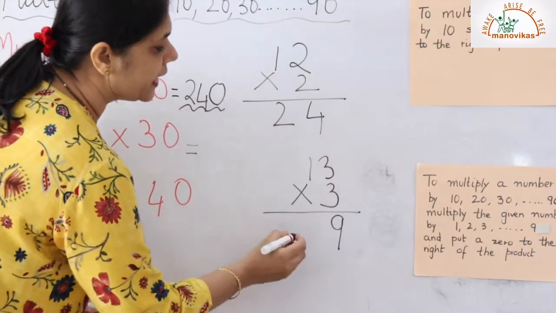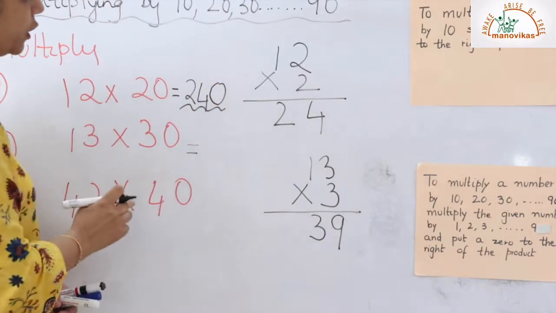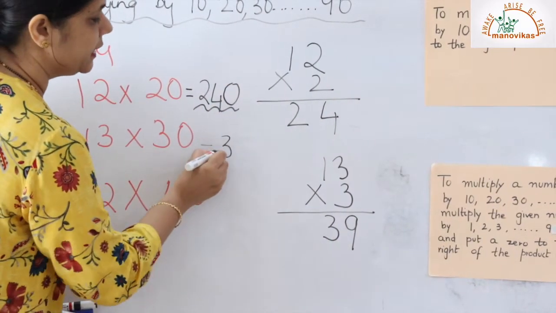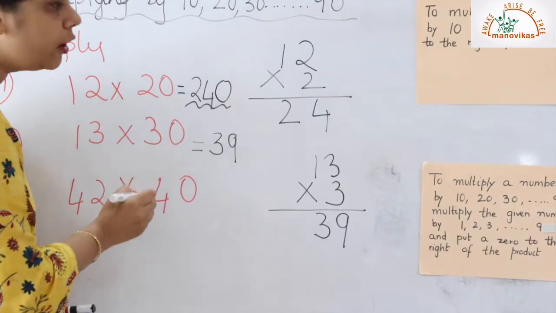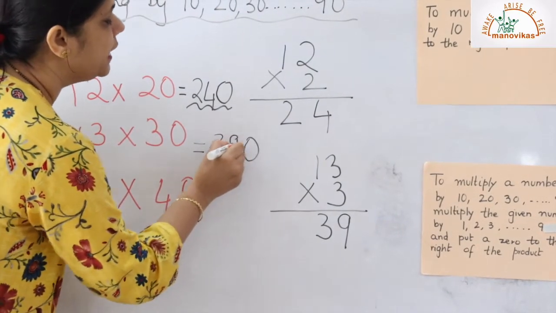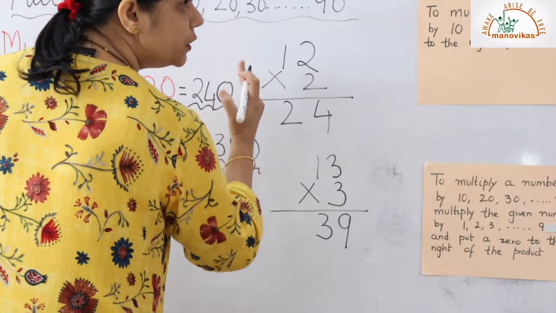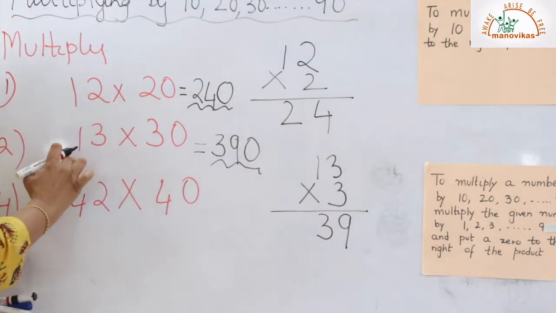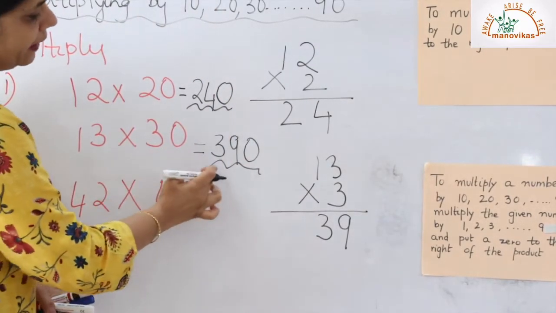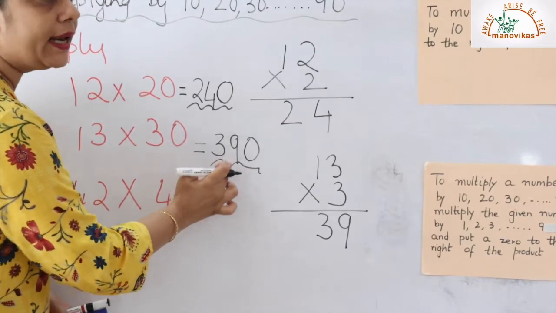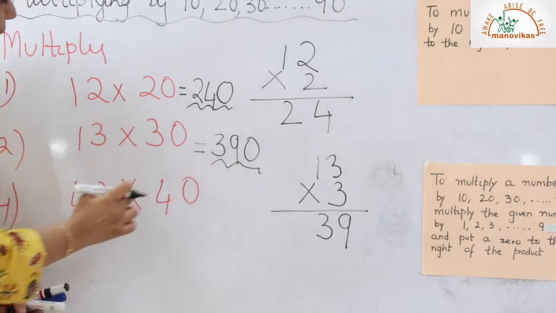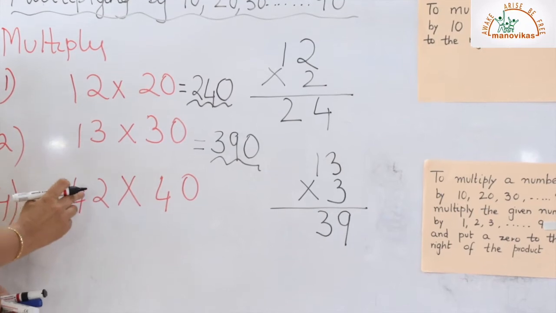And 3 ones are again 3. So what will you write here? You will write 39. But don't forget to put a 0 to its right. So 13 multiplied by 30 will give you 390. Yes? Now look at the next example.